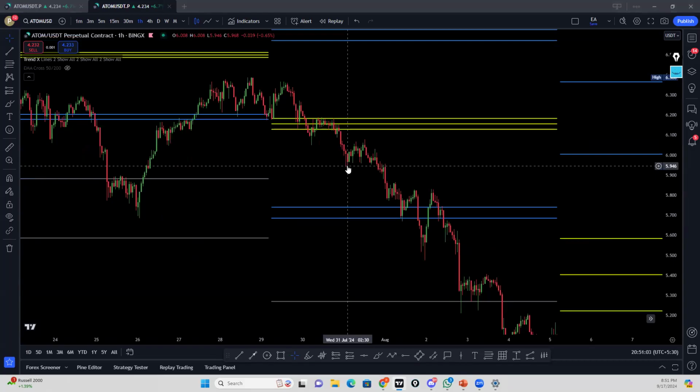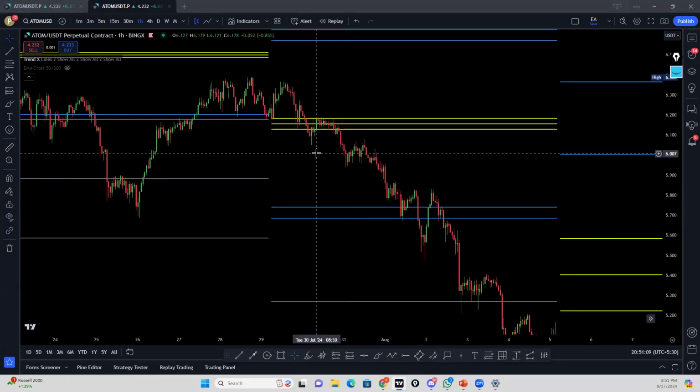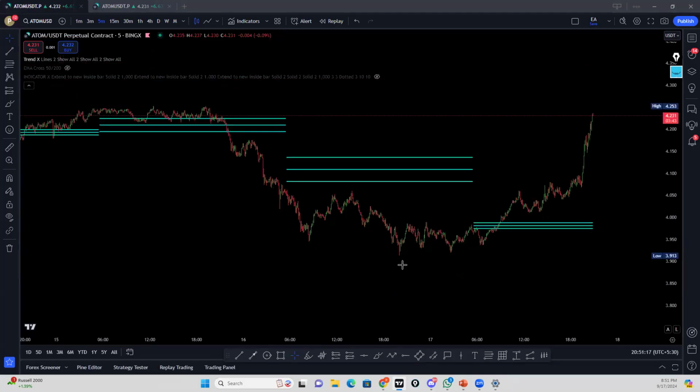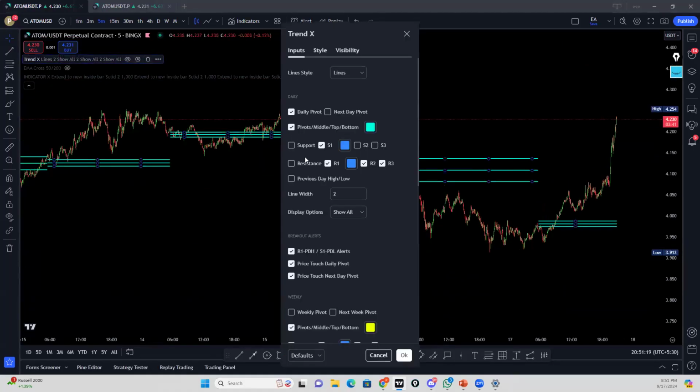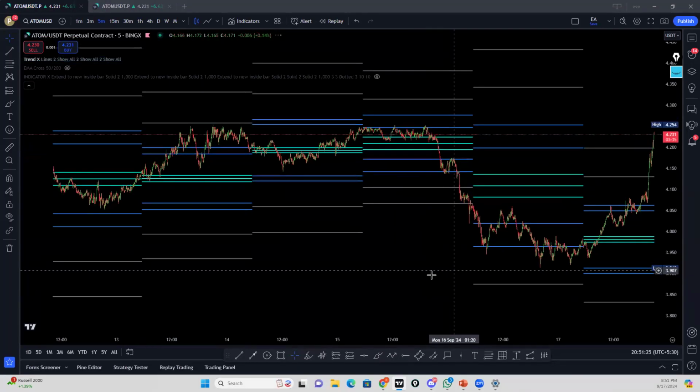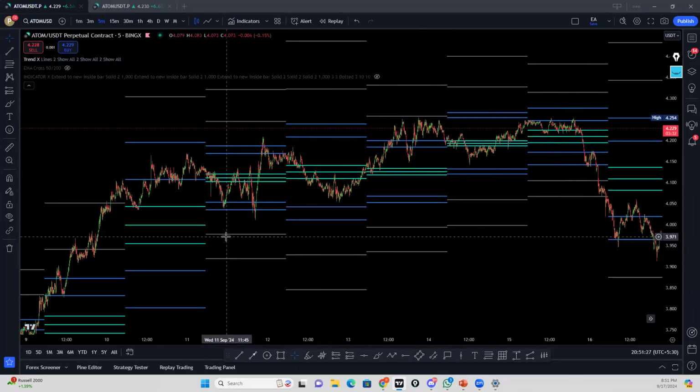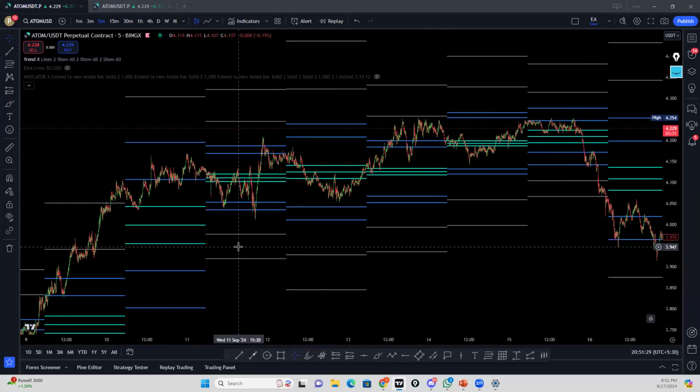The daily trend X will help us find the trades. As soon as we know the candles are below the weekly trend X, we look for short positions. We have to go to 5 minutes. I'll just add my support and resistance here, and here we'll find our trades.